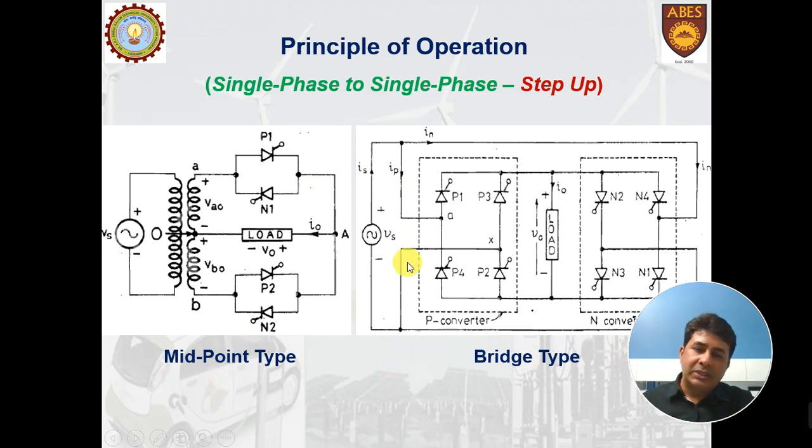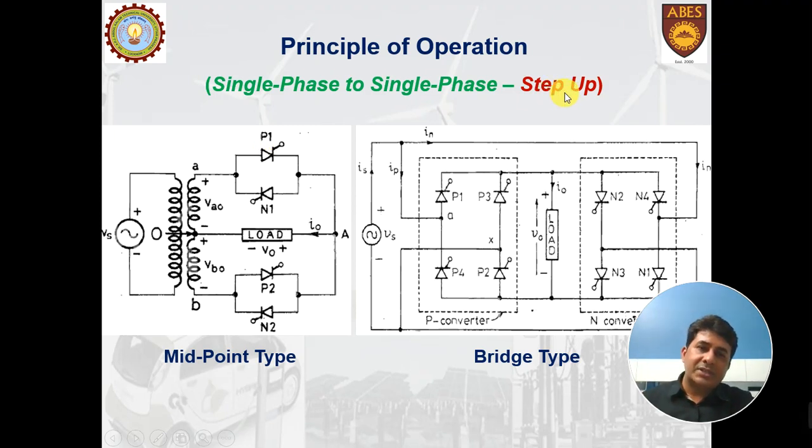Both these configurations can be used for stepping up the frequency or stepping down the frequency. So basically it is the firing scheme which is different for step up and step down. Otherwise these two converters are the same, or you can say the same converter will give you both the operations, step up as well as step down.